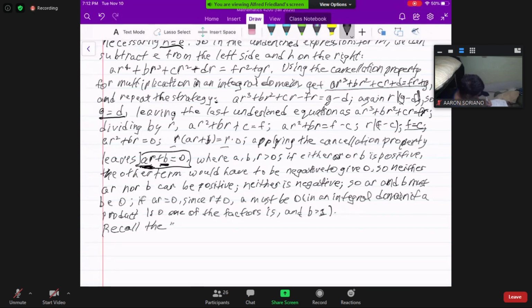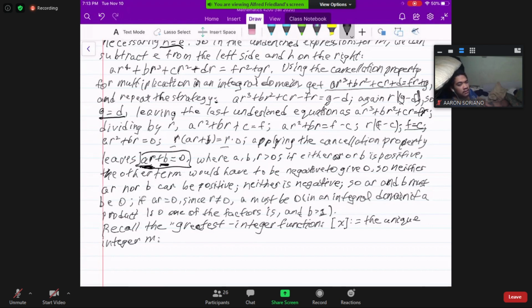Recall the greatest integer function, the bracket function, defined as the unique integer m such that m is less than or equal to x, which is strictly less than m plus 1.